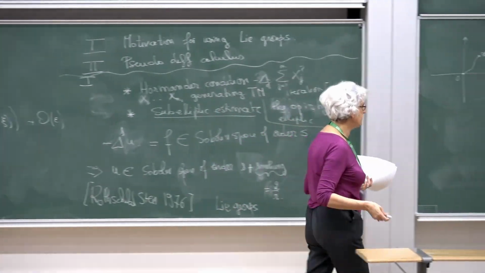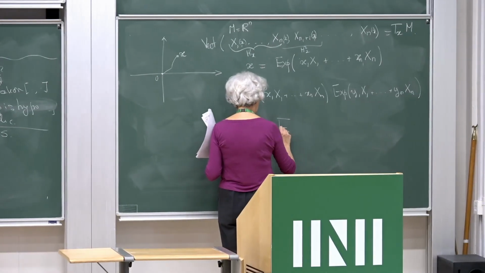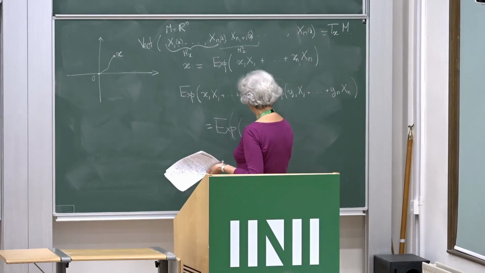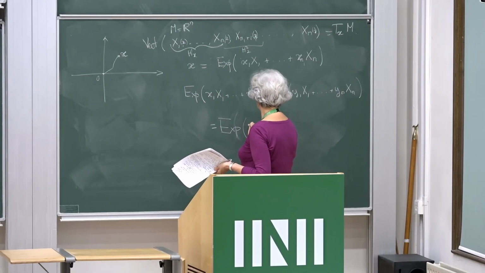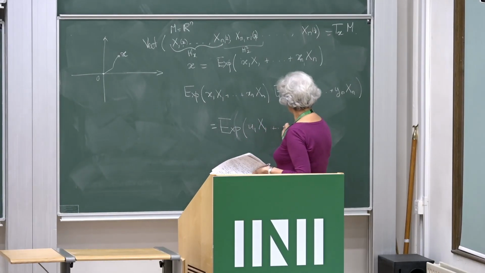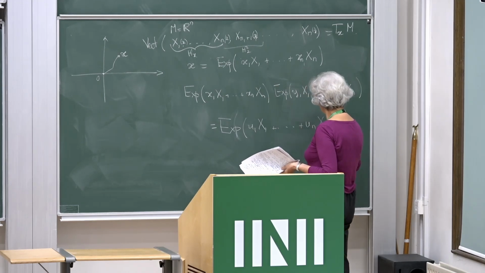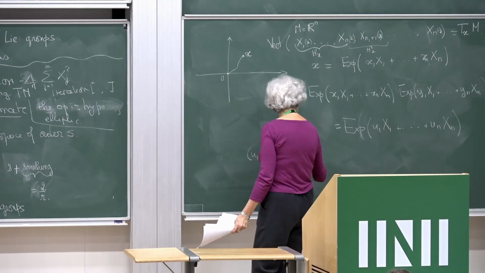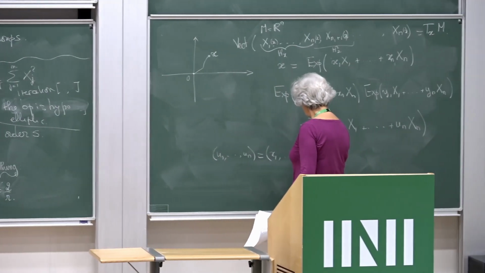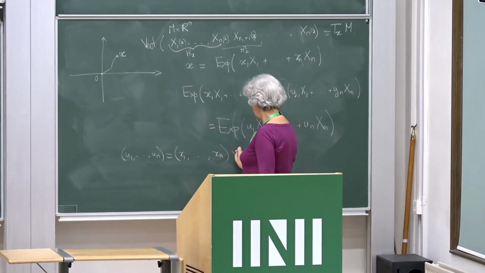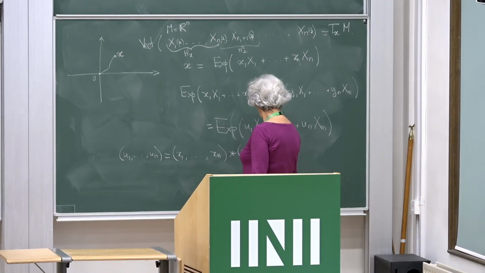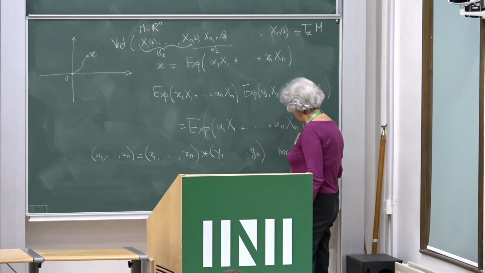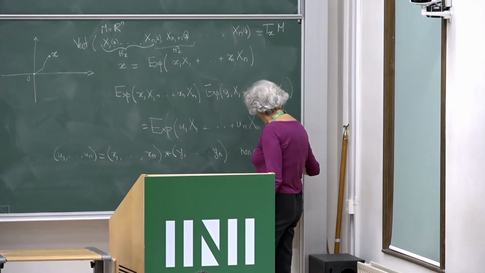So if I play that game, I am constructing a non-commutative law, in fact, on Rn. I will find something, let's call it u1, ..., un, and this u1, ..., un is the image of x1, ..., xn. It's a polynomial in the variables x1, ..., xn and y1, ..., yn, but it's a non-commutative law. This comes from the Baker-Campbell-Hausdorff formula.